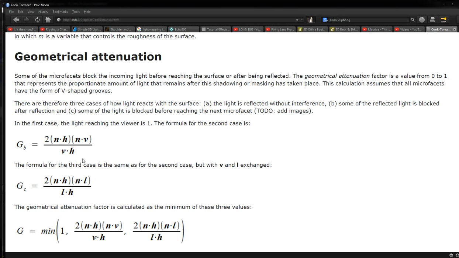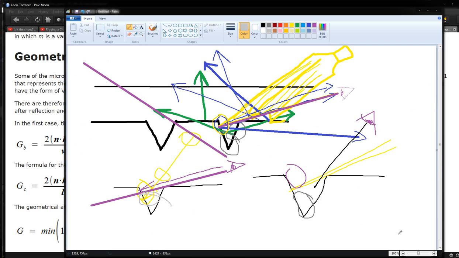The light is reaching the viewer, so that would be 2 times n dot the half vector times n dot the viewing direction divided by the viewing direction times the half vector. I think this would be the case where I can see all of the light and none of the light is being occluded.